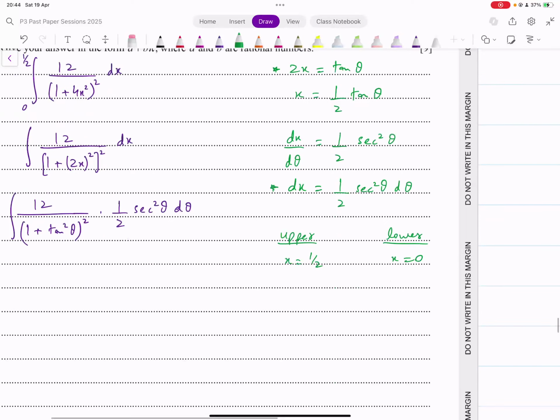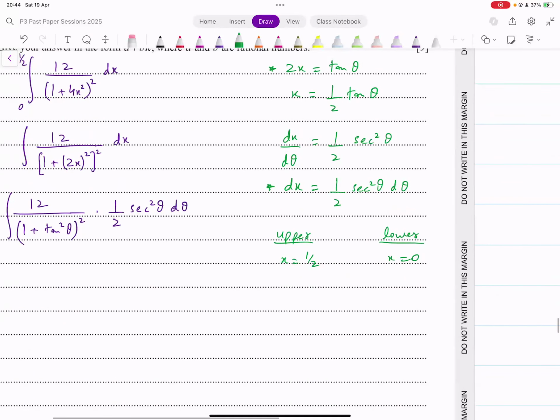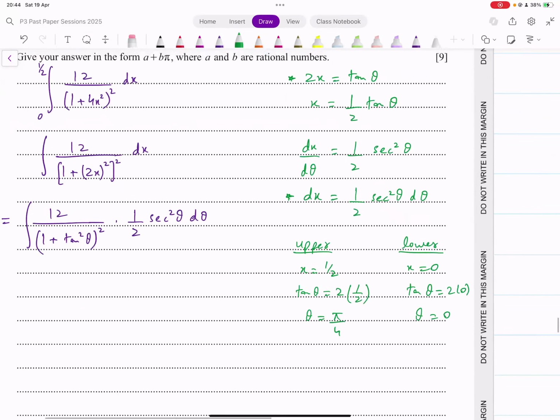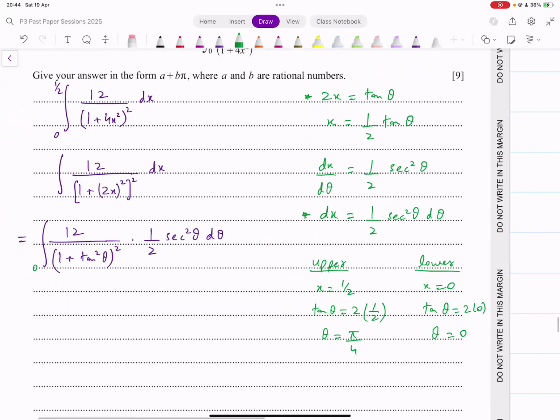Let's use that substitution. Tan theta is equal to 2 times x. So tan theta is equal to 2 into 1 over 2, tan theta equals 1. The value of theta will turn out to be pi over 4. Here tan theta is equal to 2 times x, that means 0, which gives us theta equal to 0. So the lower limit is 0 and the upper limit is pi over 4. That's what we input here.